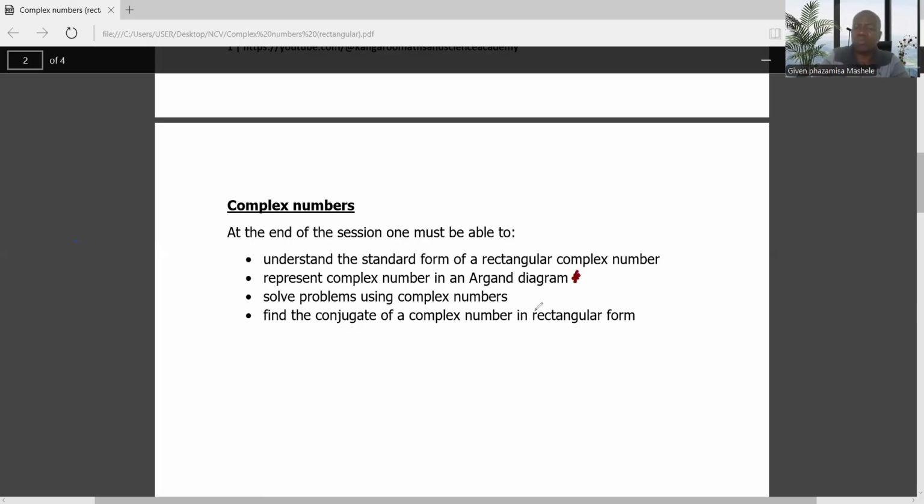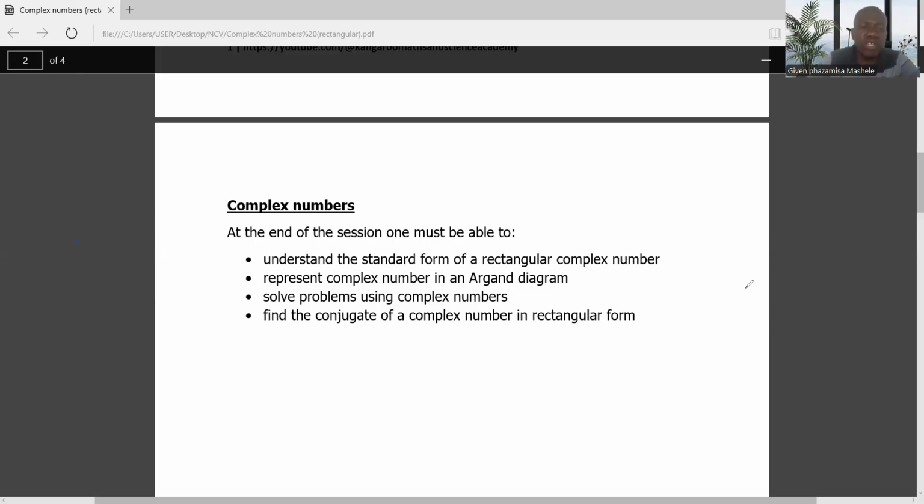And also you need to be able to solve problems using complex numbers, and find the conjugate of a complex number in a rectangular form. Ladies and gentlemen, there are two types of complex numbers which we'll talk about, but in this session, we will focus more on the rectangular form.